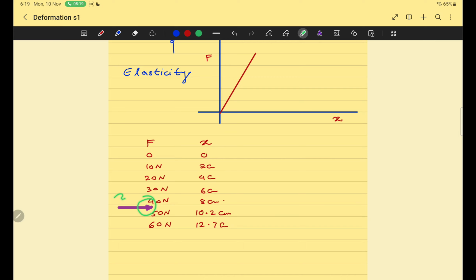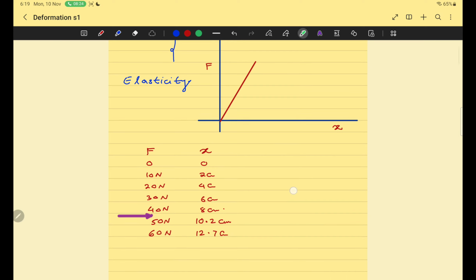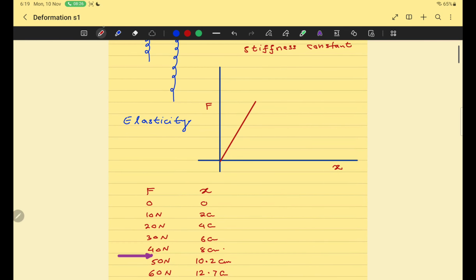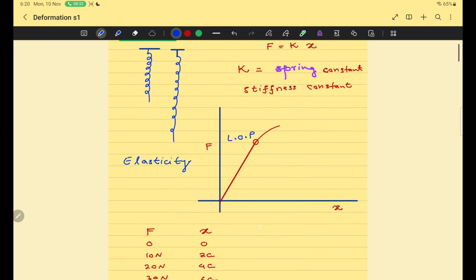But beyond this force, now the spring is not obeying Hooke's law, and the graph of the spring will no longer remain a straight line, but it begins to curve. And this point up to which the spring or object obeys Hooke's law is called the limit of proportionality.